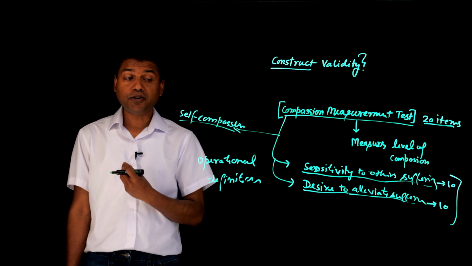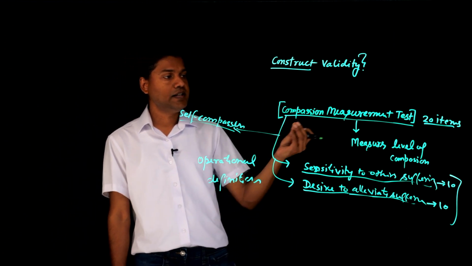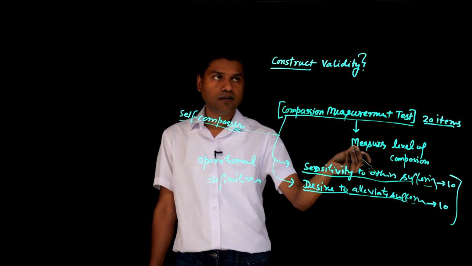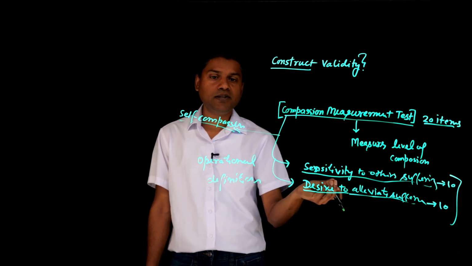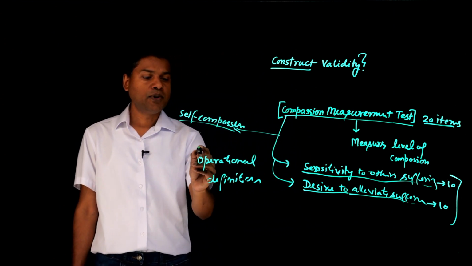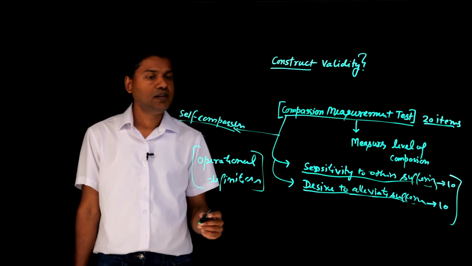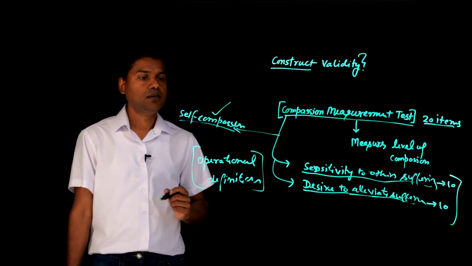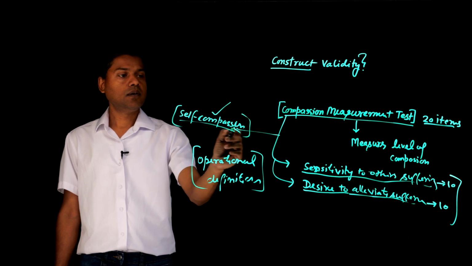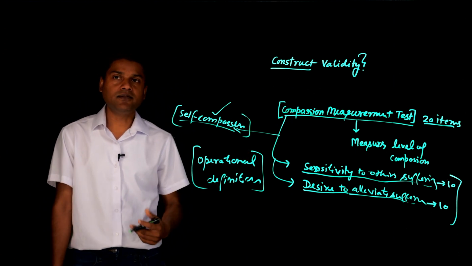So from this argument, this test lacks construct validity because in its operational definition of compassion, it does not include this component, this construct, which is self-compassion.